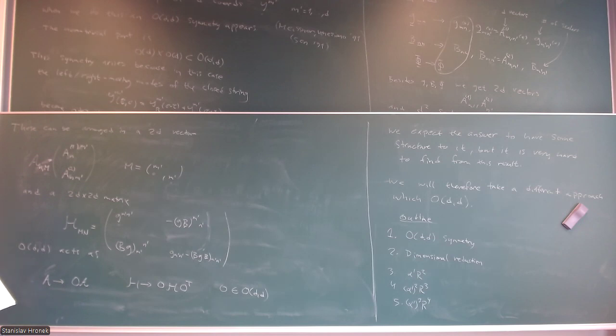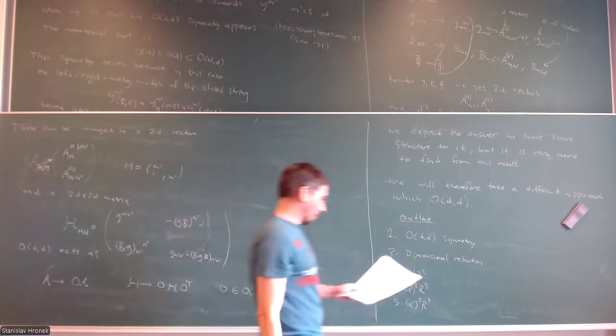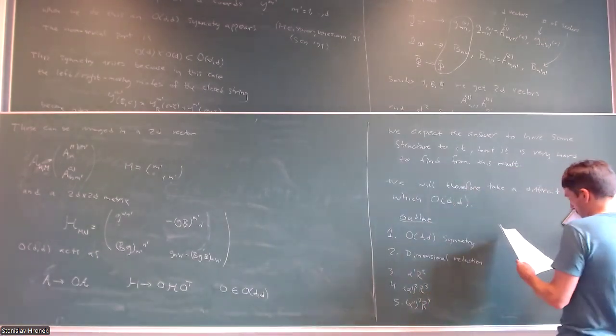But the point is that these objects transform nicely under ODD. If you collect them in this way, this is how the ODD symmetry is realized. So now we know how ODD acts on the space-time fields. That's something that we can use in the effective action.